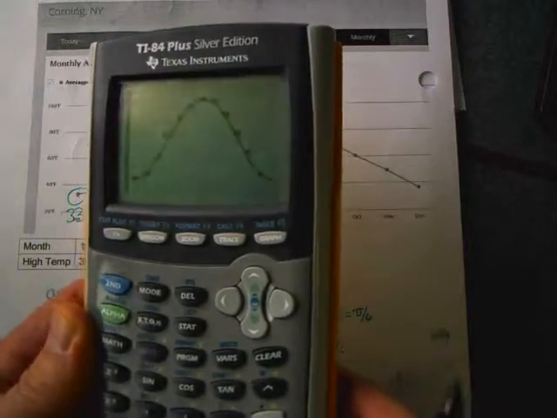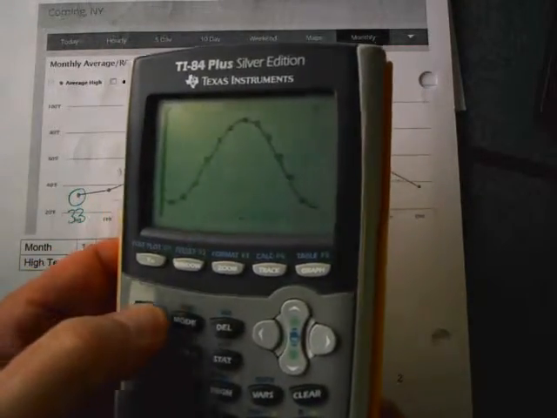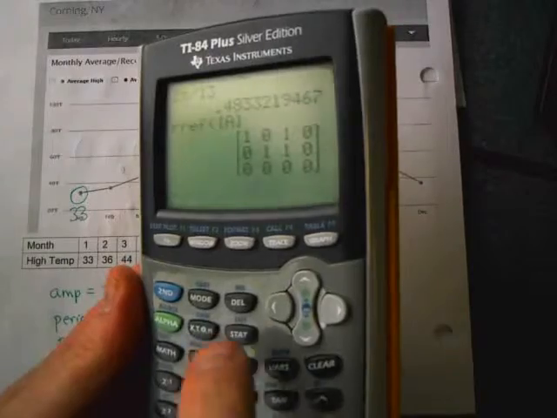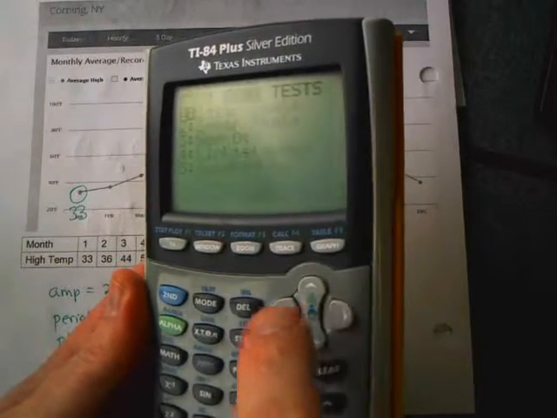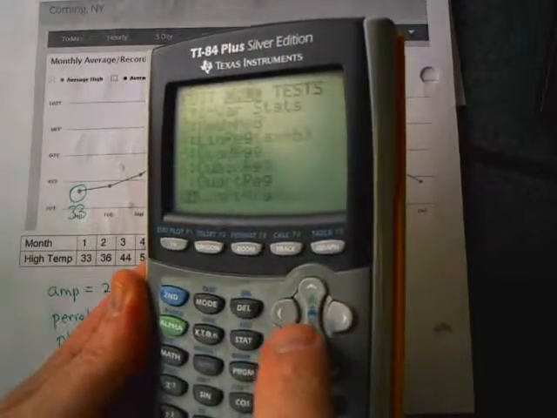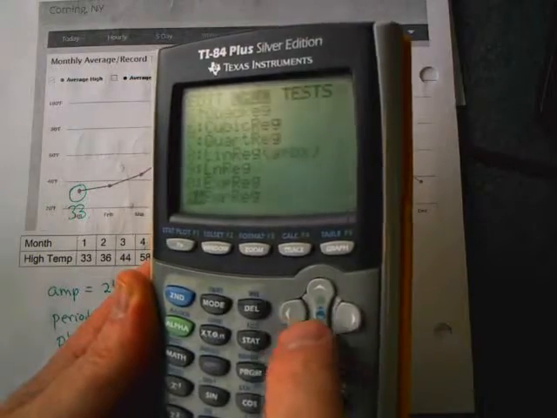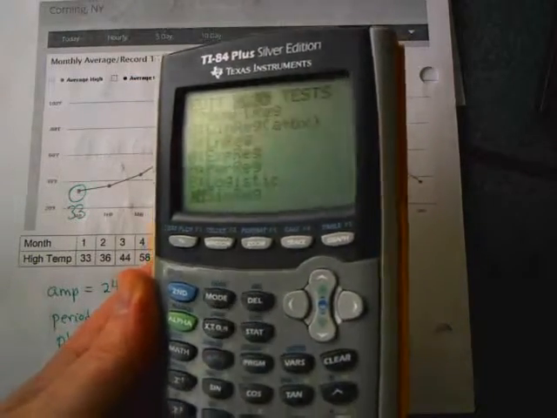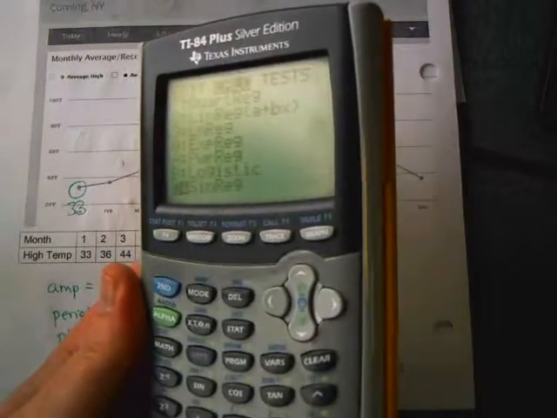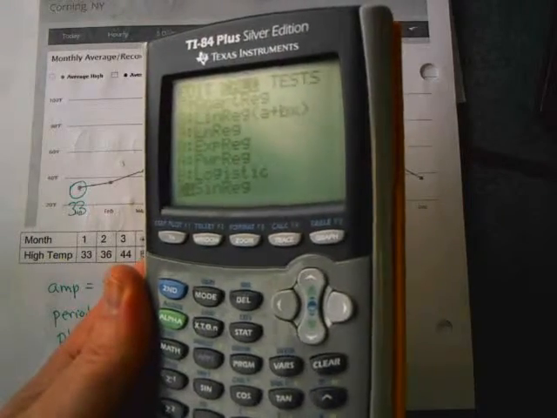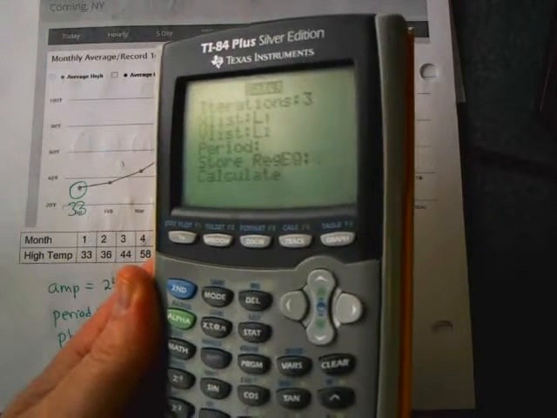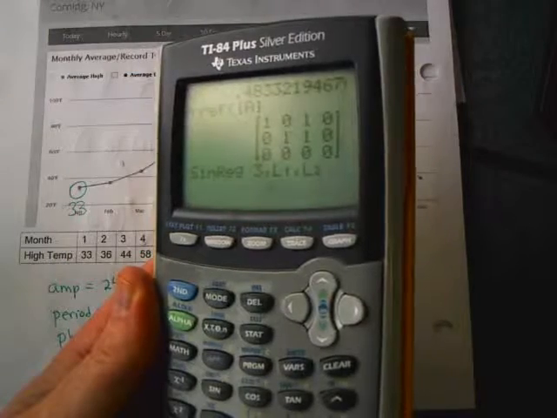Now let's see what the calculator does. What I mean by that is let's go stat, calculate. For trigonometry, the calculator only offers a sine regression. It doesn't offer a cosine. So I'll have my calculator figure out the sine regression.